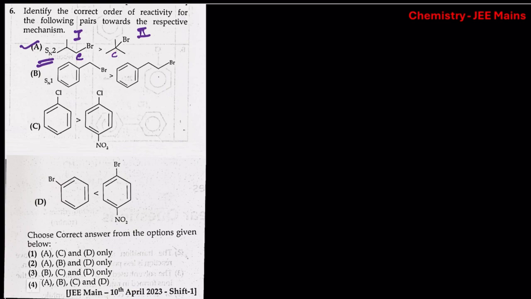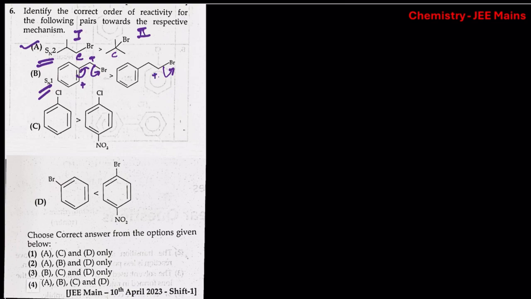Now in option B, again here it is about substitution nucleophilic unimolecular, meaning the mechanism followed is SN1. So if this carbon-bromine bond breaks, in the carbocation which is formed here, the positive charge gets delocalized in the benzene ring. These pi electrons will come here and the positive charge will get delocalized on the benzene ring. But in this alkyl halide, if this carbon-bromine bond breaks, the positive charge does not get delocalized on the benzene ring.